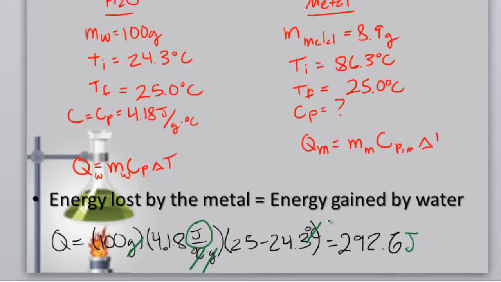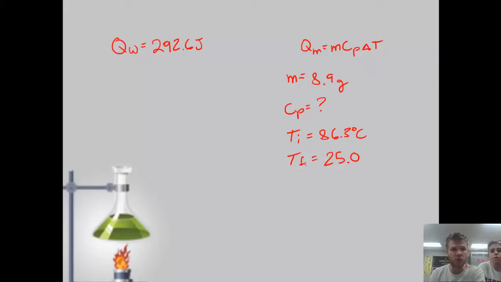So we're now going to set that equal to the energy that was lost by the metal. Let's write that number up and then clear our space. Okay, so here's what we're given. We know that this was the energy gained by the water, so we're going to set QW equal to QM. I'm going to take QW and substitute it into this equation, because heat lost should equal heat gained.